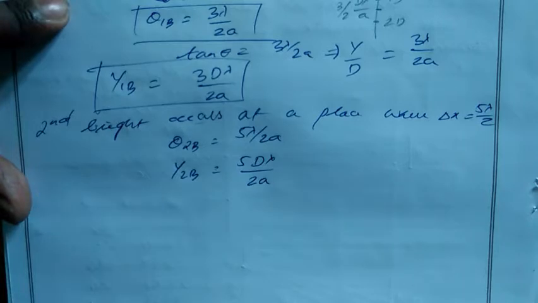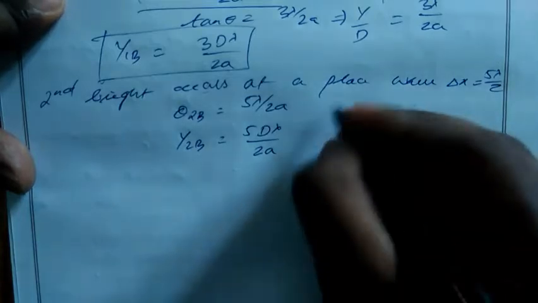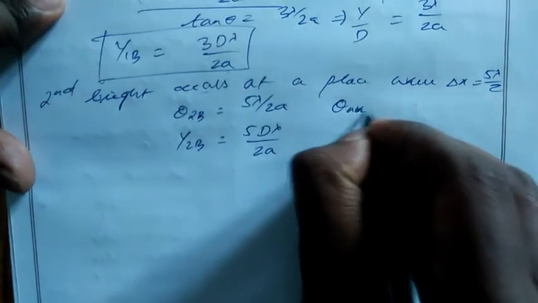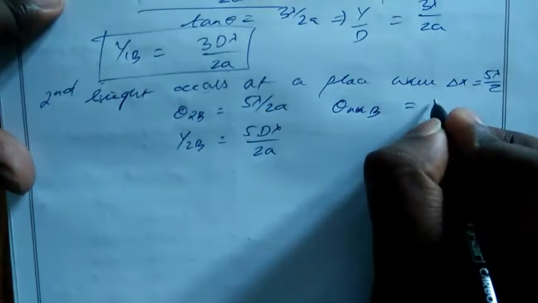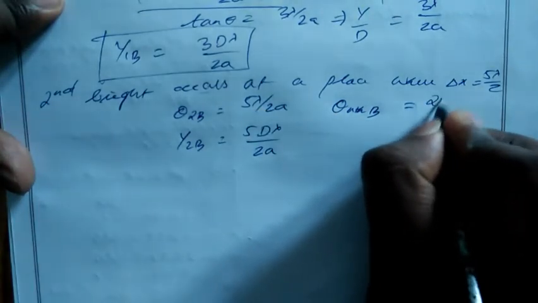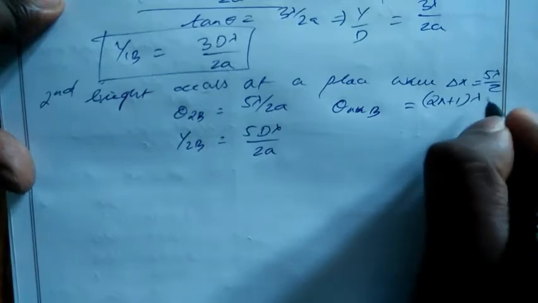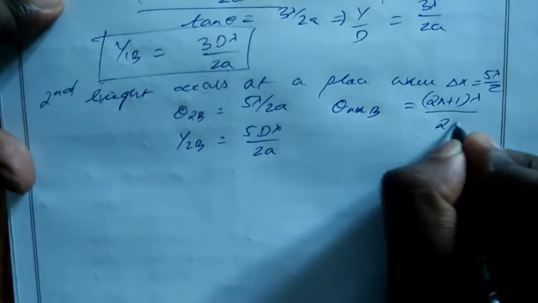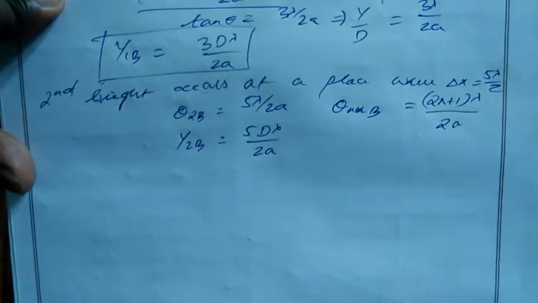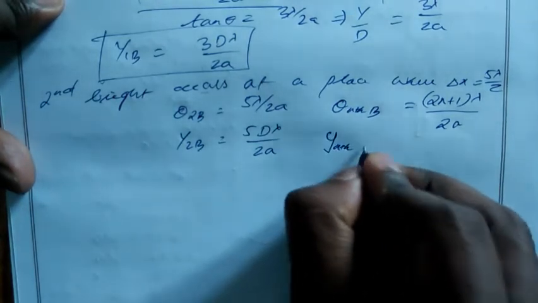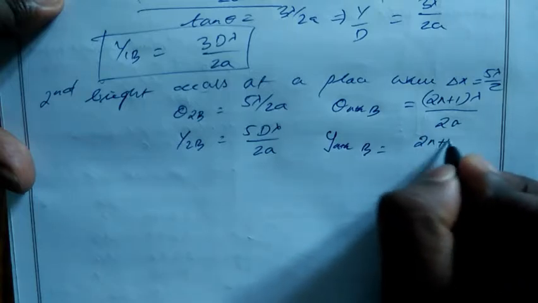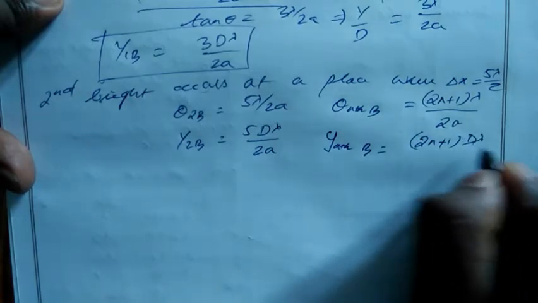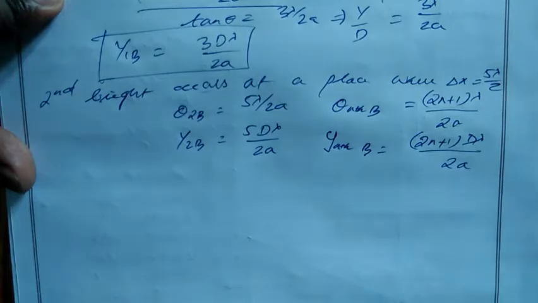The values go on. Then we can take theta nth bright. For brightness we take 2n plus 1 lambda by 2a. Then y nth bright we have 2n plus 1 d lambda by 2a.